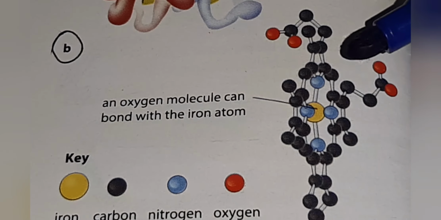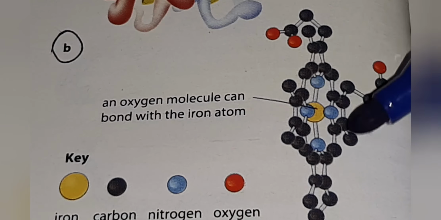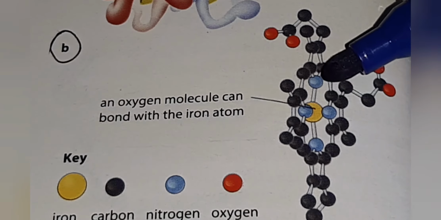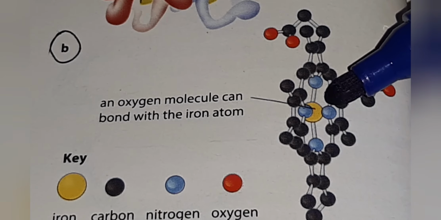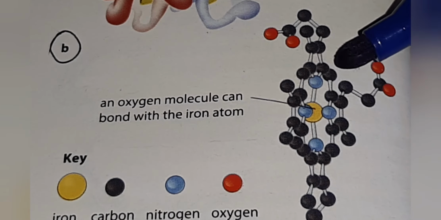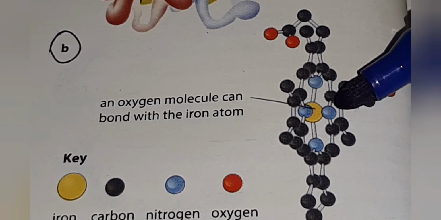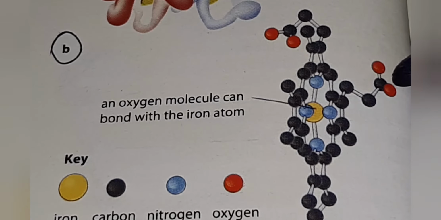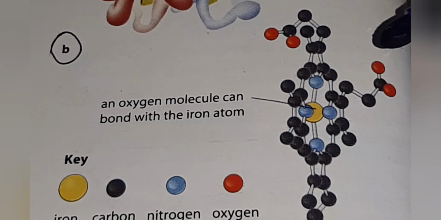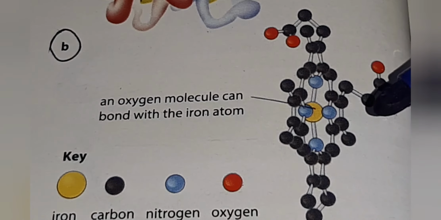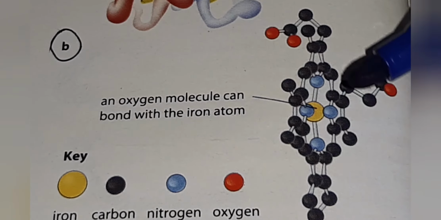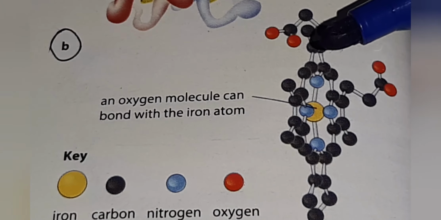Here an oxygen molecule can bond with the iron atom. The yellow color is iron, black is carbon, sky blue is nitrogen, and red is oxygen. So this heme group contains an iron atom which can bind reversibly to an oxygen molecule.